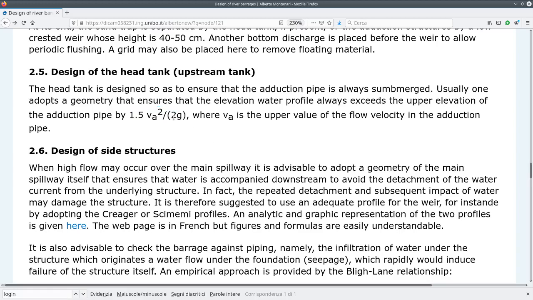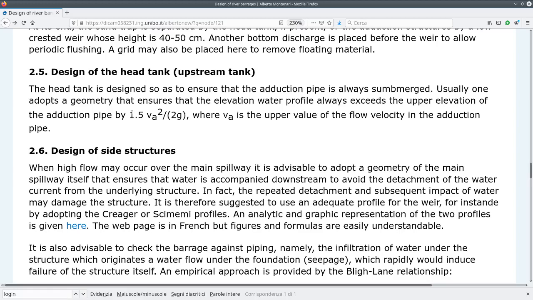The kinetic term is obtained from the square of the velocity into the pipe. So you have a design velocity into the pipe, you square it and divide by 2g, where g is gravity, and then this is multiplied by 1.5. This is to make sure that for any working condition of the pipe, you always have enough submergence.